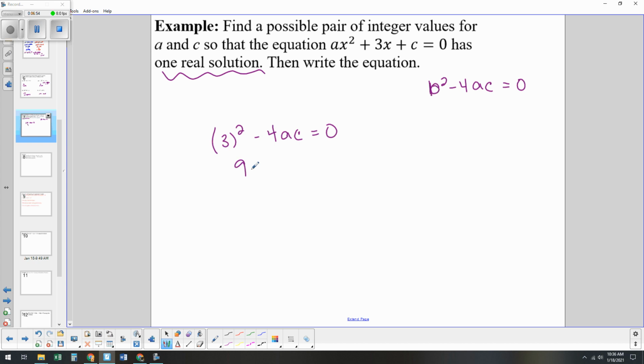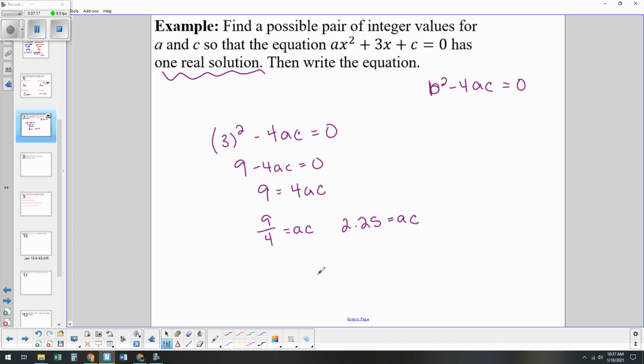So that's really 9 minus 4ac equals 0. I'm going to add 4ac to both sides. And now I'm going to get ac alone by dividing by 4. So that's 9 over 4 equals ac, or 2.25 equals ac.